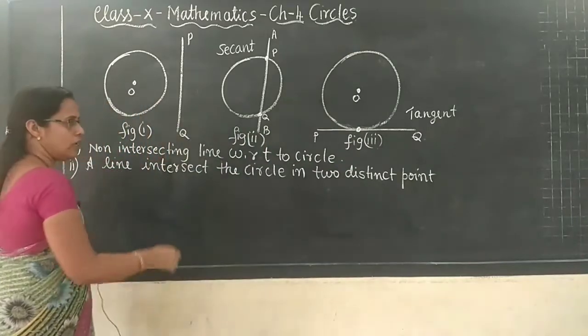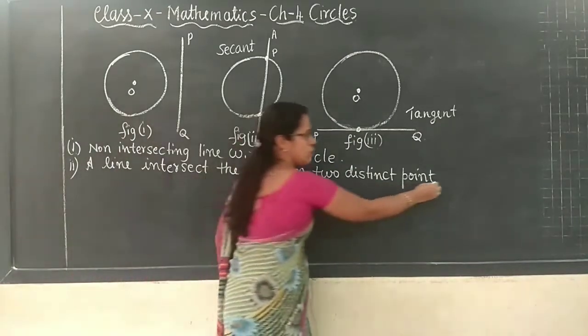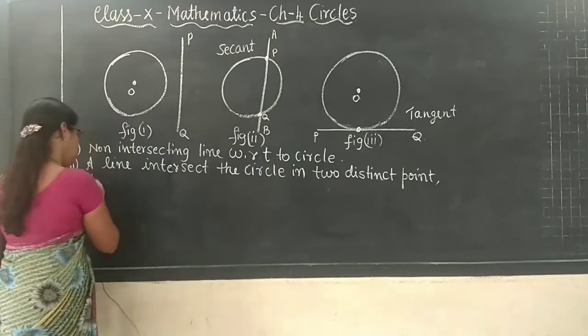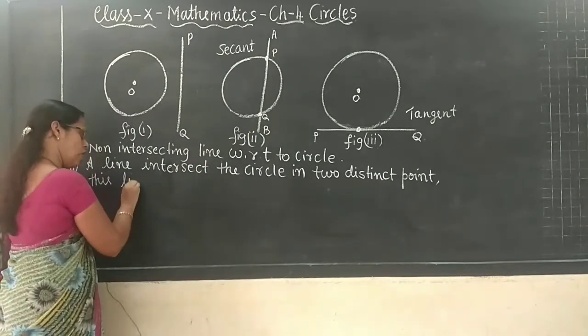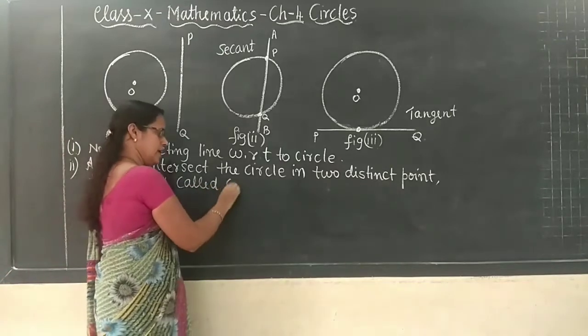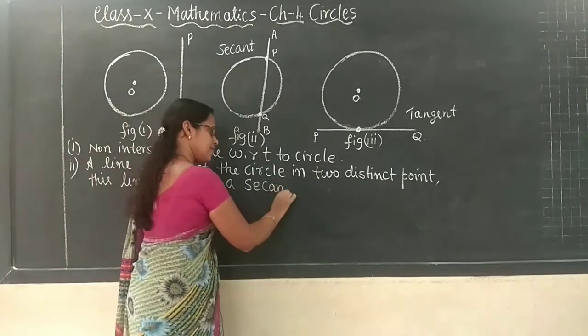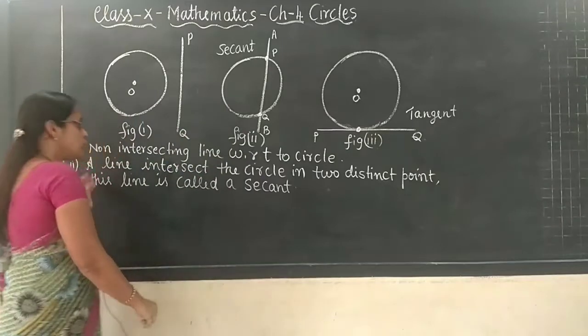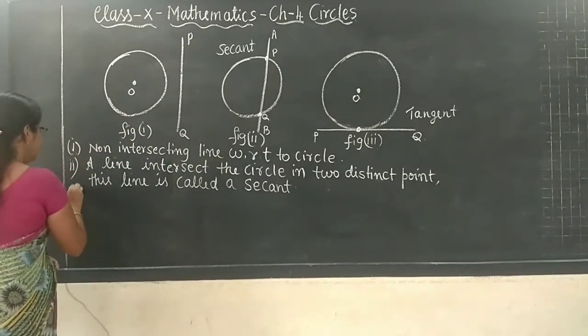This line is called a secant. Okay. So if I come to the third figure, what is that?